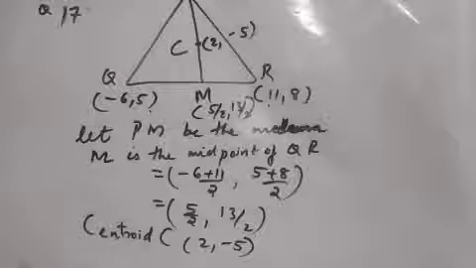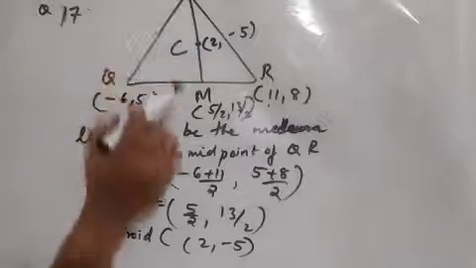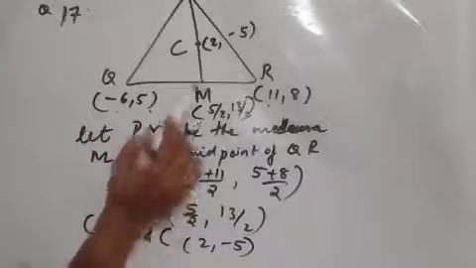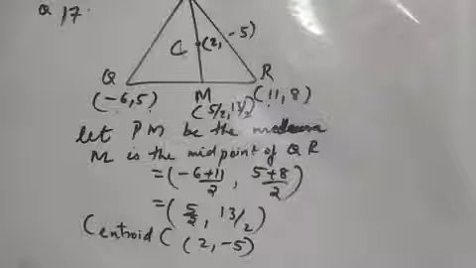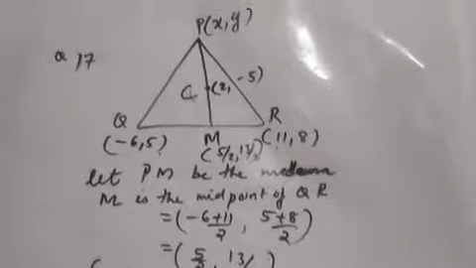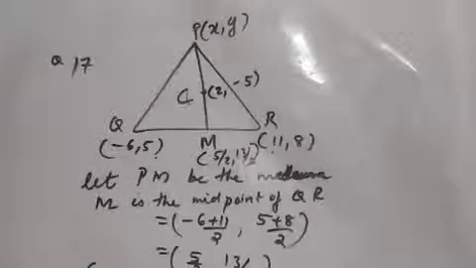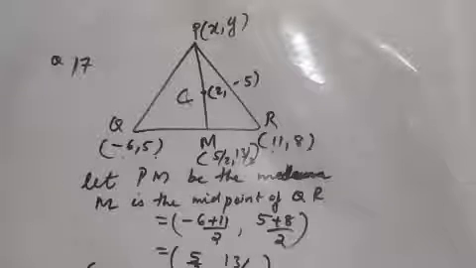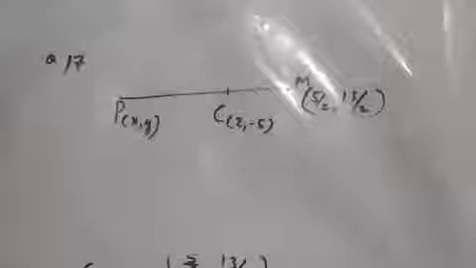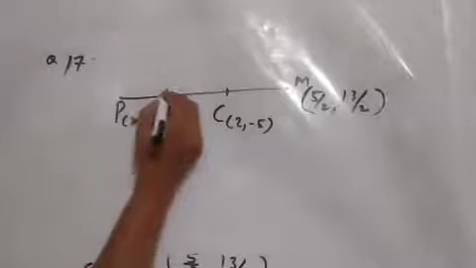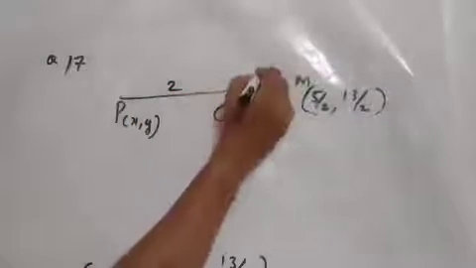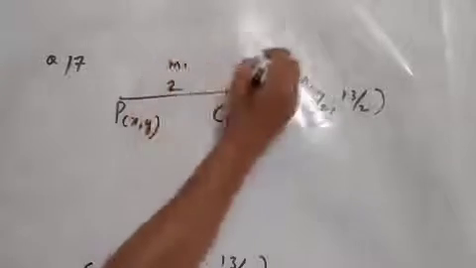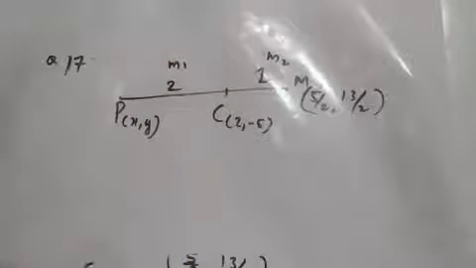Let P be the first point and M be the second point. We can take C (2, minus 5) as (M1 x2 plus M2 x1) by (M1 plus M2). And we know the centroid divides the median in the ratio 2:1. That is M1 is to M2 is 2:1.